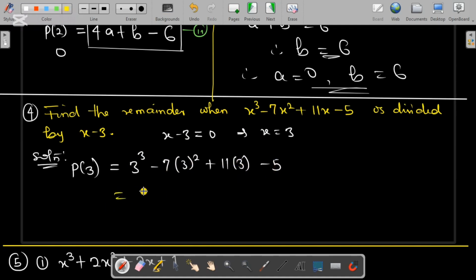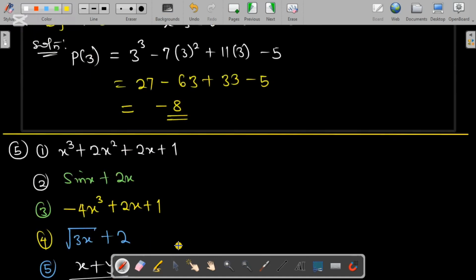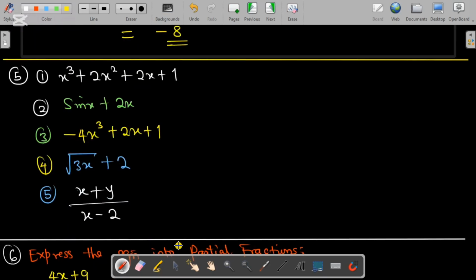This is 27 minus 3 squared is 9 times 7 is 63 plus 33 minus 5. And if you do this subtraction and addition well, you will get minus 8 as your solution. Okay, so the remainder is minus 8, and that is your answer.